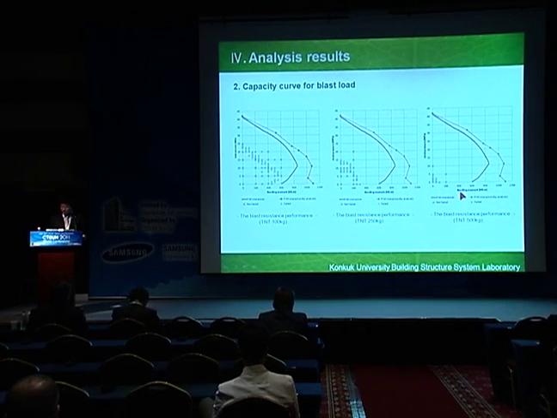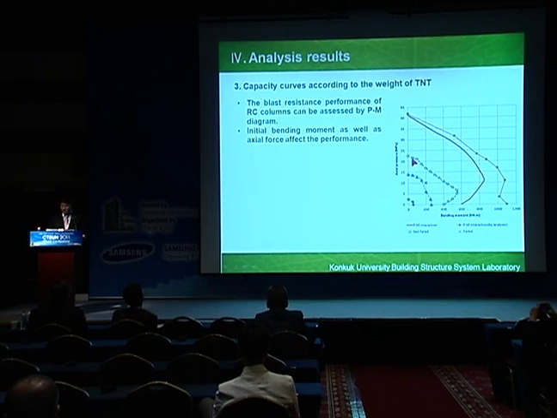The last case, 500 TNT, the capacity curve is very small. So we connected some threshold points. This green curve represents the capacity of the column when we applied the 100 kilogram TNT, the blue curve represents 250, and the purple curve represents 500 TNT.